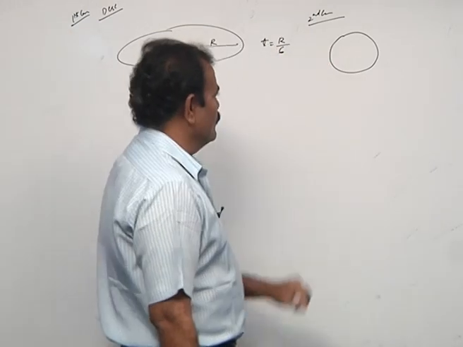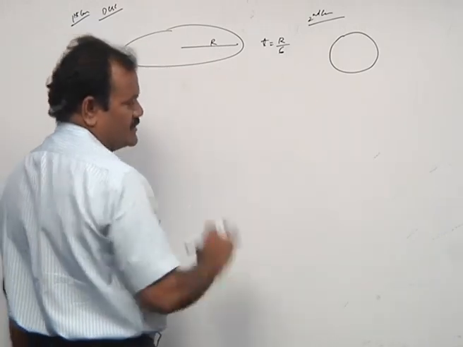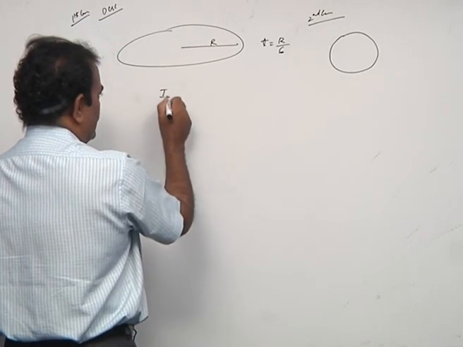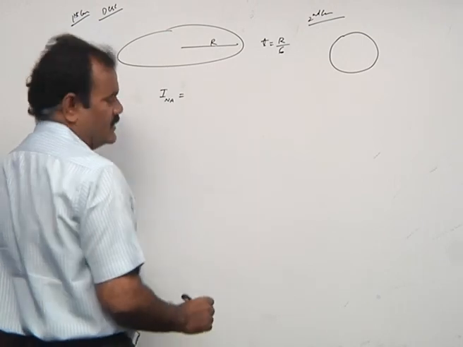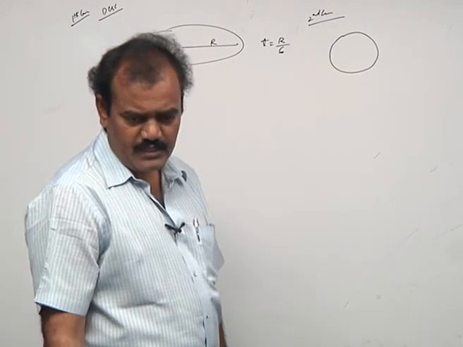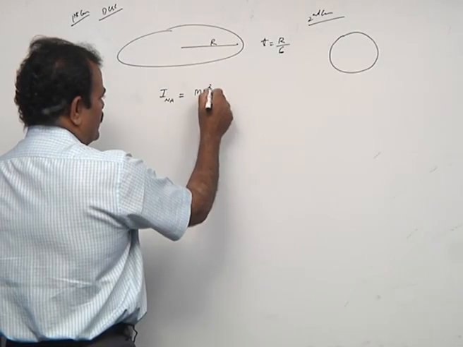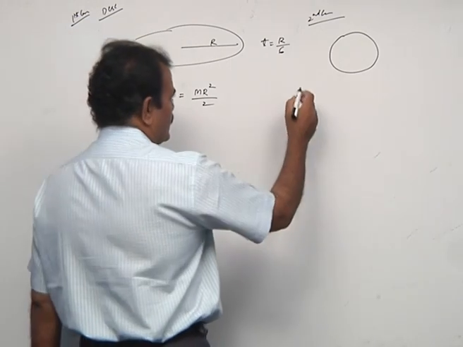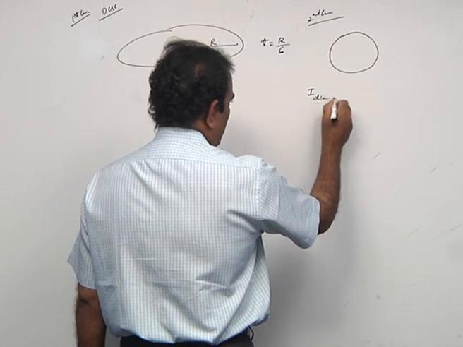In this case what we have to see first is that these masses are the same. Here the formula is I equal to I for the disk, rotating about its own axis, which is mr square by 2. And in this case the moment of inertia is about the diametrical axis.